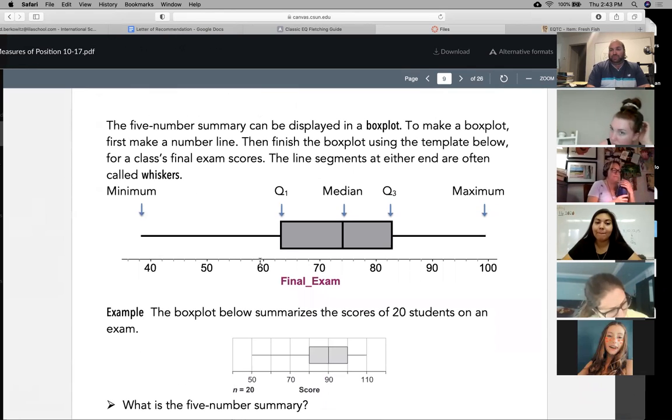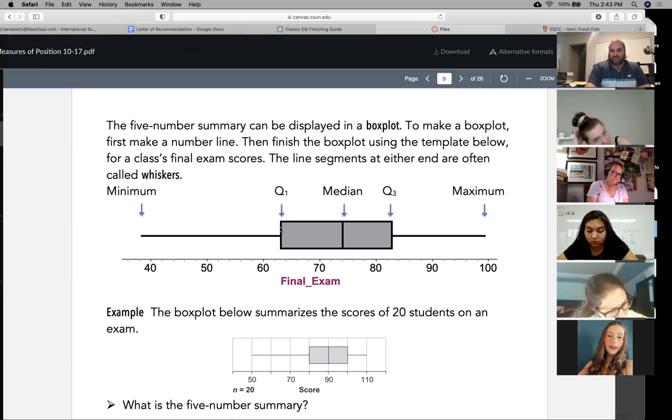And what we do is we display this data in something called a box plot. A box plot is a line, a box, a line with a vertical line in the middle of the box. The end of the line is the minimum.